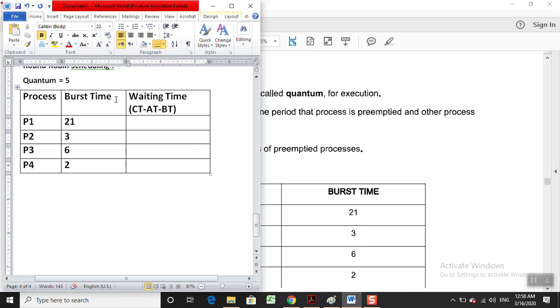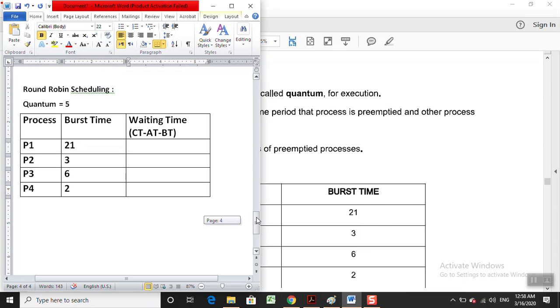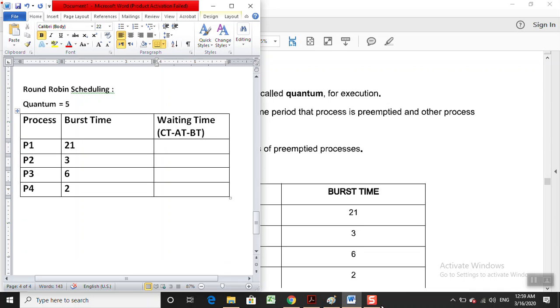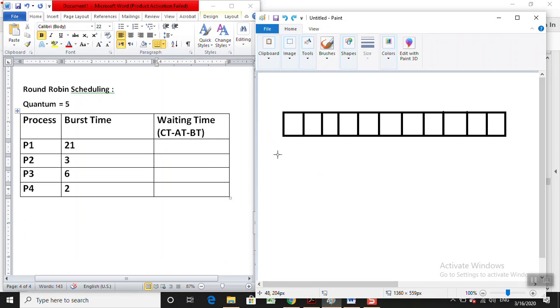We have the burst times here, and let me show the Gantt chart. You see there is no arrival time given here, so we assume that all the processes have arrived at 0 milliseconds, and here we have a ready queue.